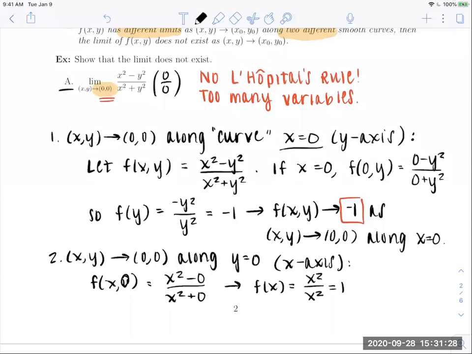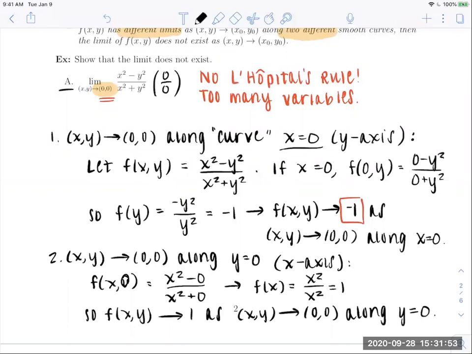So we have a new constant function, and the limit of a constant is a constant, so f of xy is approaching 1 as xy is approaching the origin along y equals 0. Again, let's box that in red to grab attention.